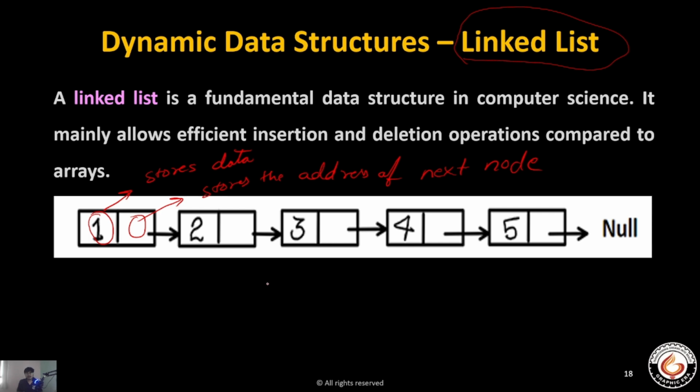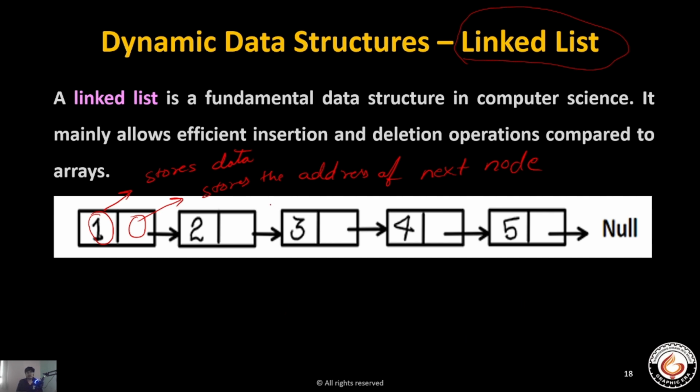Because unlike an array, the nodes of the linked list are present in different memory locations. For example, if the first node is present at 1001, then the second can be present at 1000, or the third can be present at 1025. There is no contiguous memory allocation.